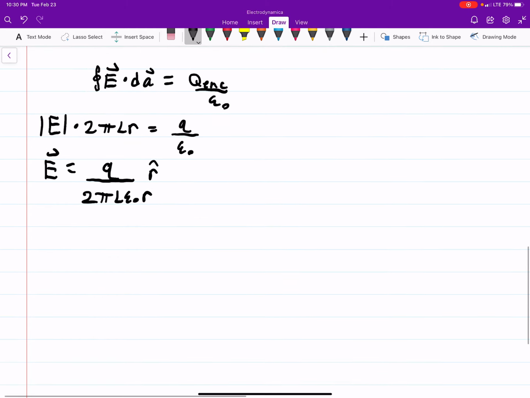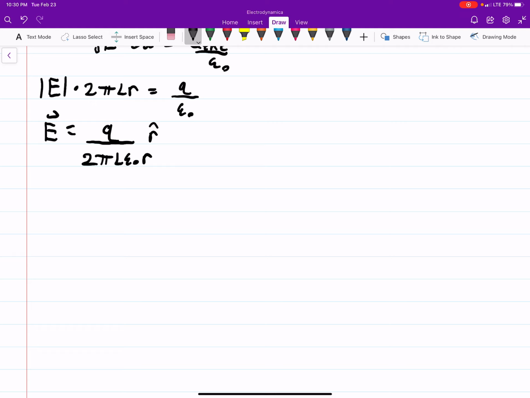Now if we want to find our potential, again, potential is the negative integral of our E field. We have our E field, that's why we found it. We can put it in here and find our potential.